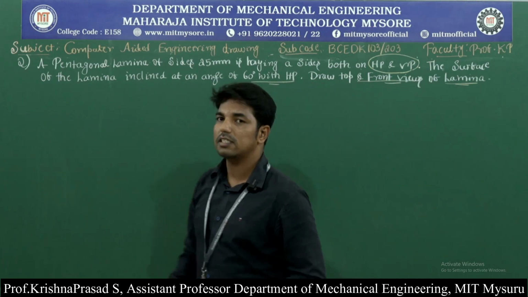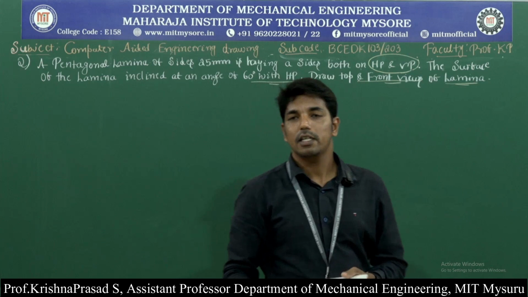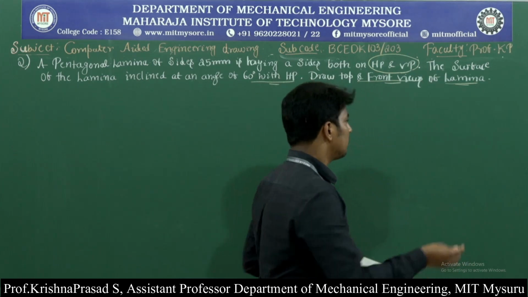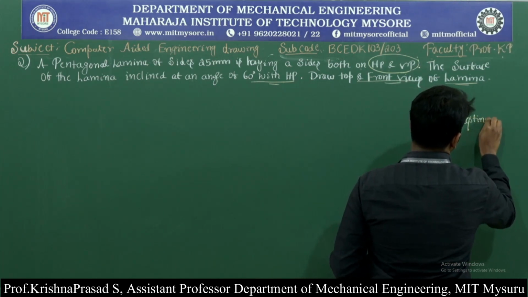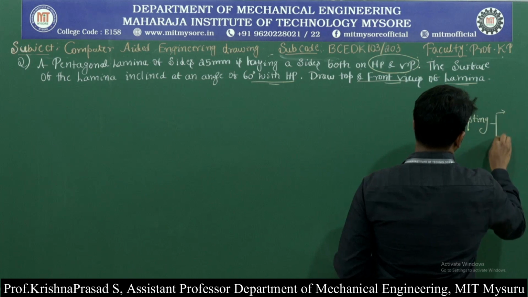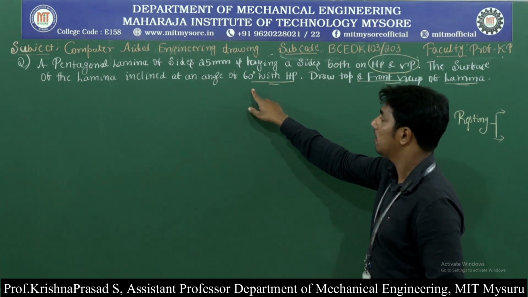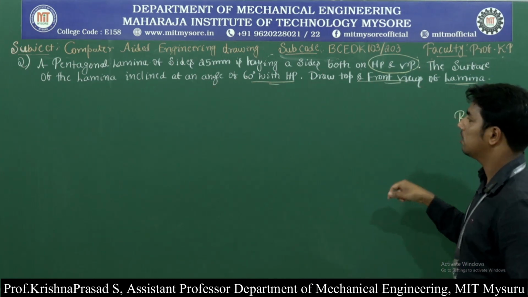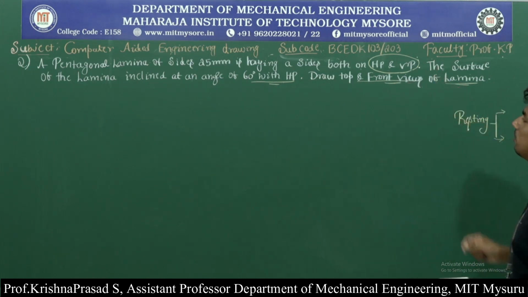In this condition, they have not given whether the pentagonal lamina is resting on HP or VP. So first we need to consider the resting condition. Observe here, they have given that the lamina is inclined at an angle of 60 degree with HP, as well as the pentagonal lamina of side 25 mm having its sides both on HP and VP.